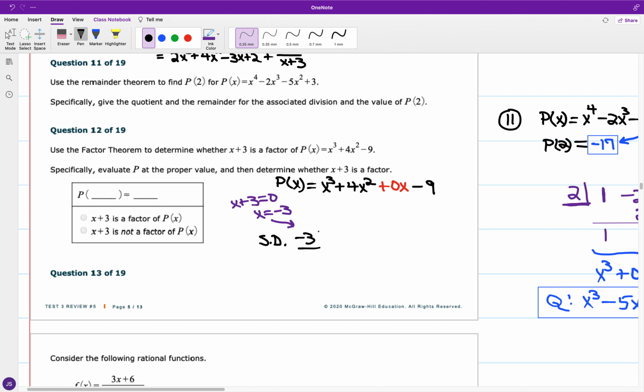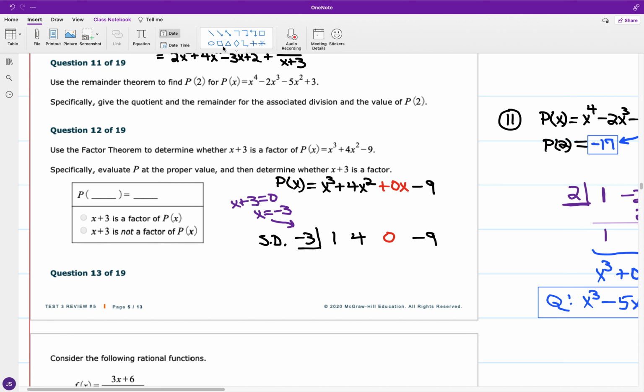So you got negative 3. For the coefficients of the dividend, you have 1 for x cubed, 4 for the x squared, again 0 for the missing first order x term, and again, we have the last item, negative 9.